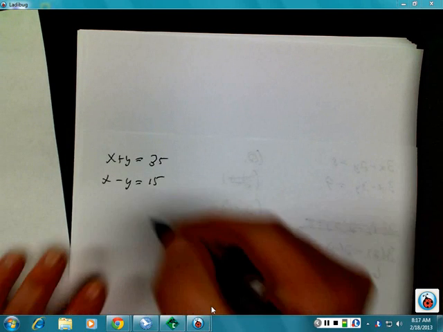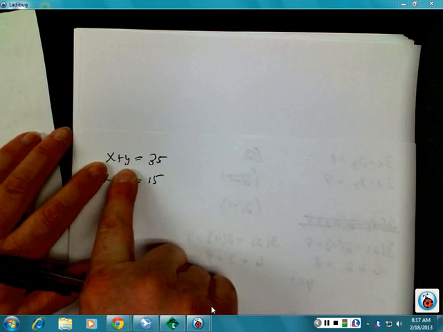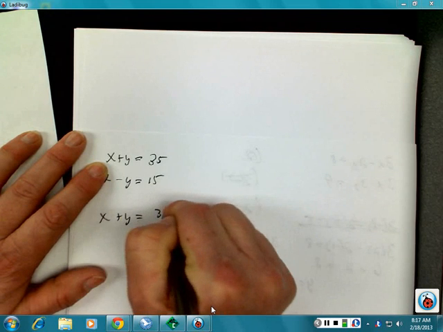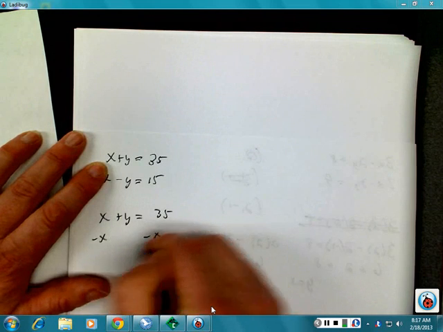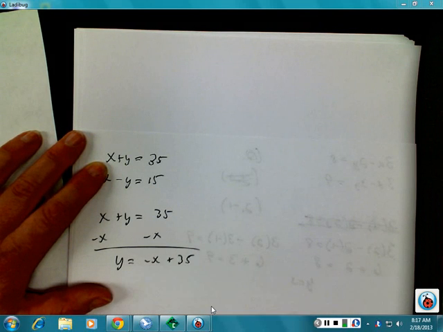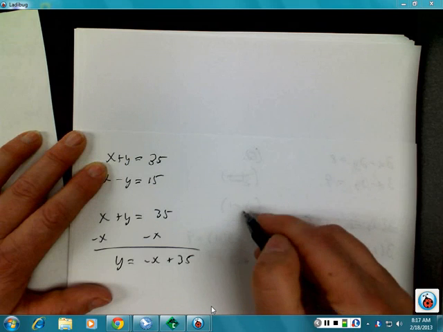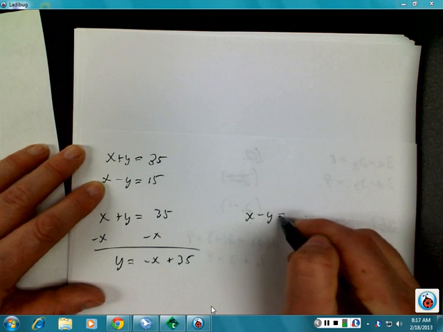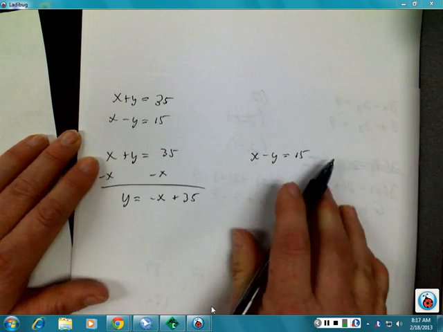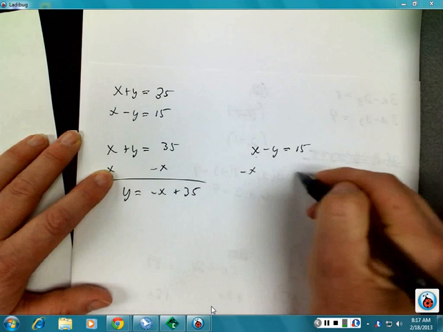Okay, so if I get this solved for y, all I simply need to do is, x plus y equals 35, just subtract an x, and I get y equals a negative x plus 35. And the second equation is x minus y equals 15. And on this one, I'm going to subtract x.